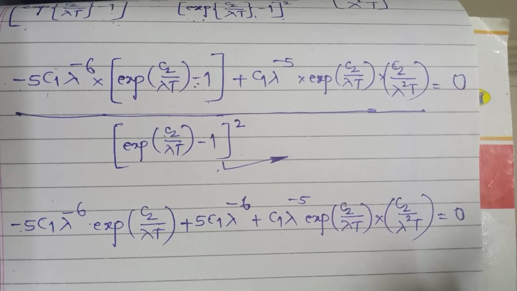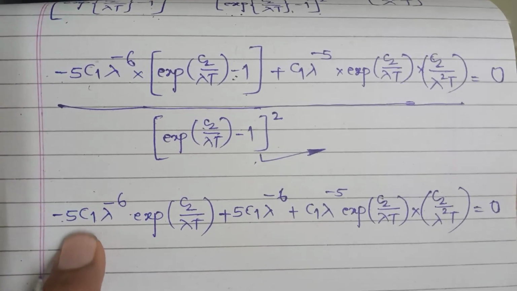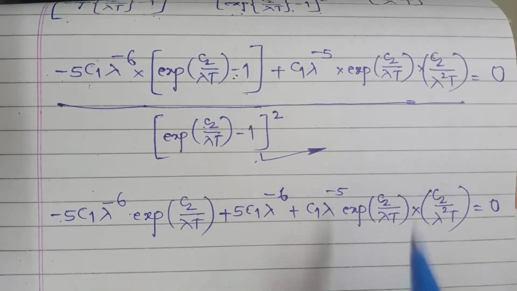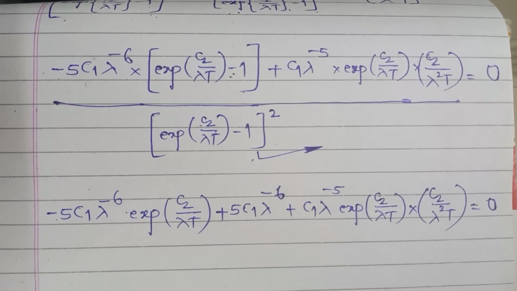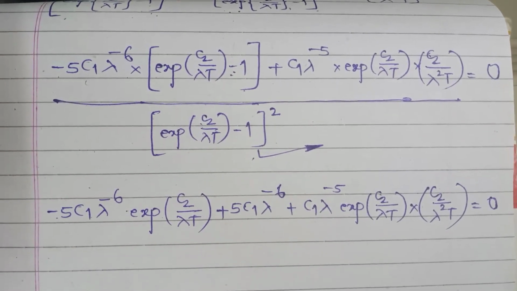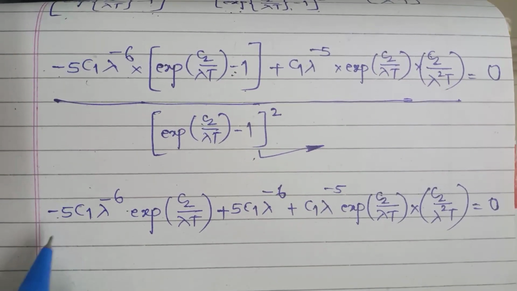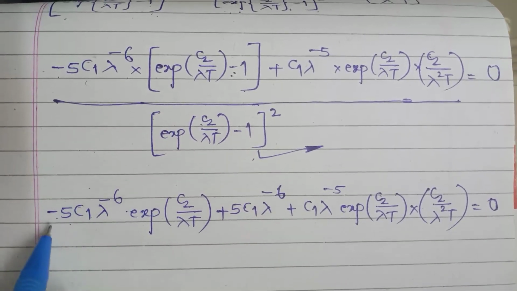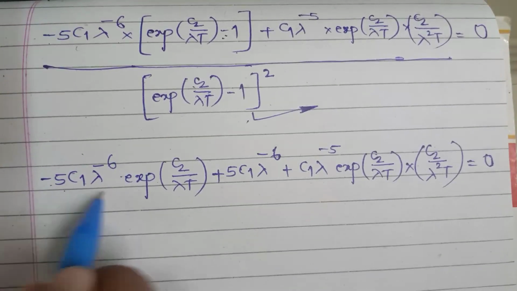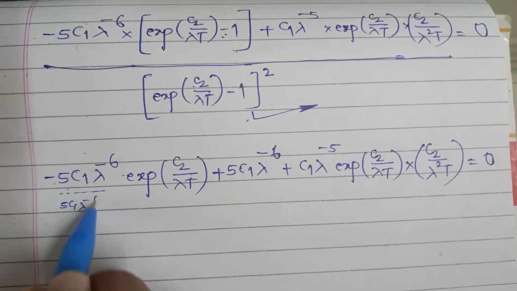Now next, we observe that in the first term as well as in the second term, 5c1 lambda raised to minus 6 is a common parameter. Also there is c1 lambda raised to minus 5 in the second term. So we will divide the entire equation by 5c1 lambda raised to minus 6, not taking the negative sign. Let us say I have divided this by minus 5c1 lambda raised to minus 6.